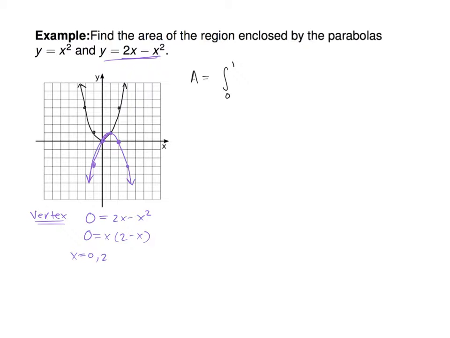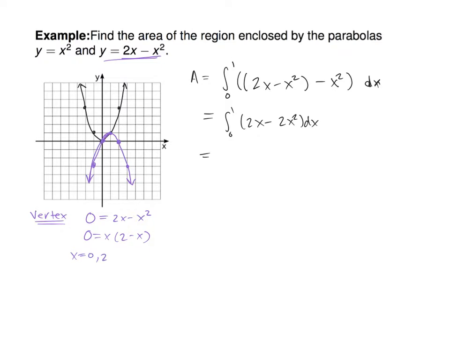And then who's your upper curve? 2x minus x squared, minus the lower curve, which is x squared. Can you simplify that? Yes, and you definitely should, before you anti-differentiate. It will be fastest if you combine like terms. Does that make sense? So this is the same thing as the integral from 0 to 1 of 2x minus 2x squared.